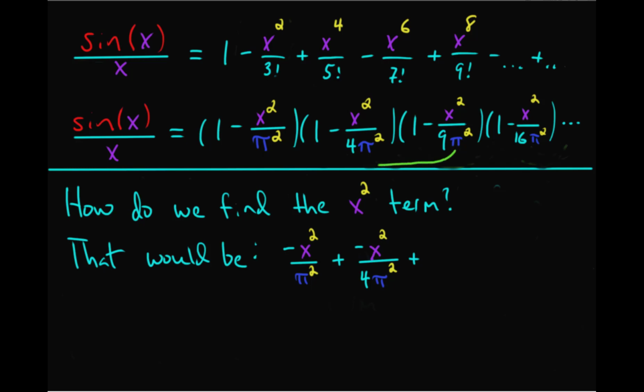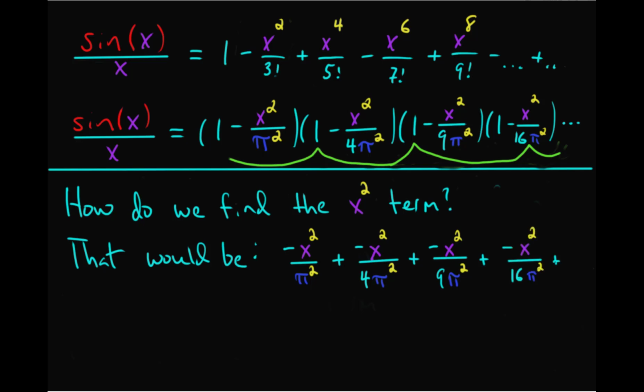I'm also going to have a plus negative x squared over 9 pi squared when I let that term in that binomial there multiply all the other 1's in all the other binomials. Following this same process, I'm going to have a plus negative x squared over 16 pi squared when I expand out this infinite product, and so on.